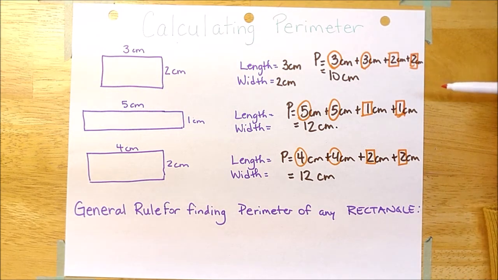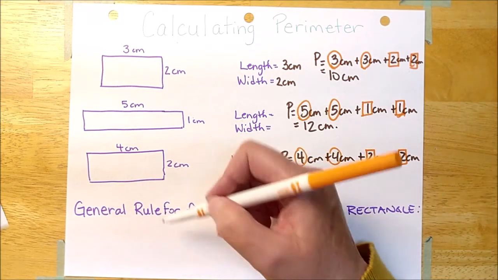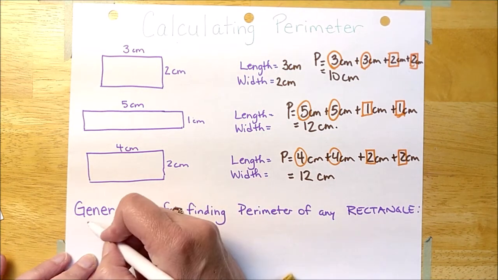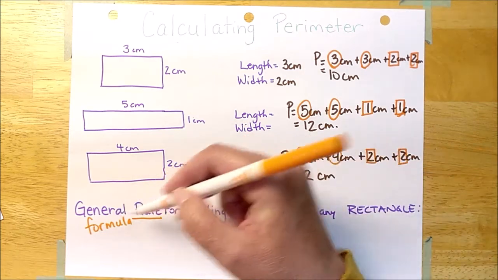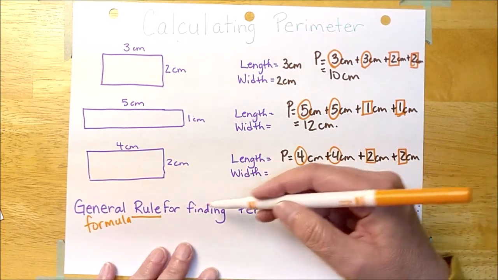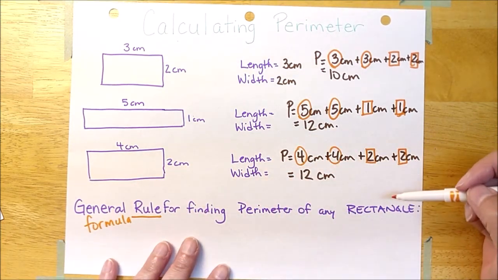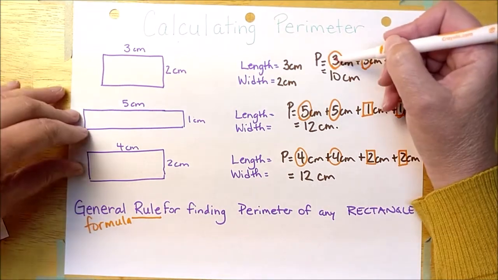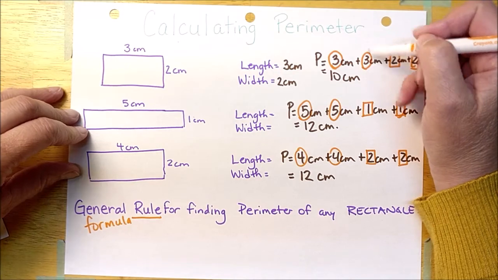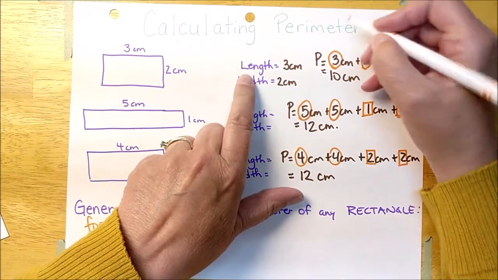So there's a rule. We need to come up with a general rule, and mathematicians call that a formula. So we have to come up with a formula, a general rule for finding the perimeter of any rectangle. So these two numbers here represented the length.